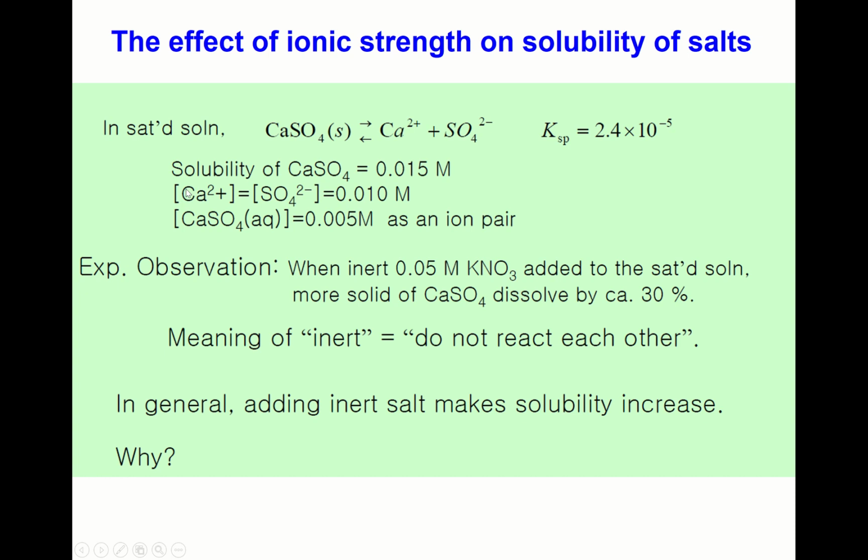Someone measured the solubility of calcium sulfate and got 0.015 molar. From the solution of calcium sulfate, the calcium ion and sulfate ion concentrations are the same, and contribute 0.010 molar. The remaining 0.005 molar is contributed by the calcium sulfate ion pair.